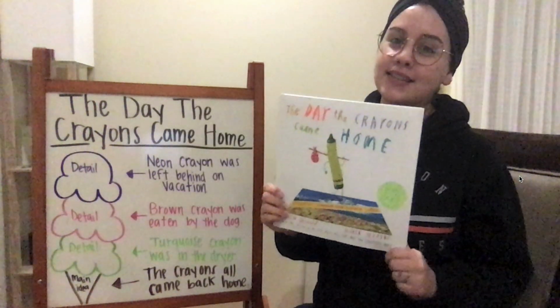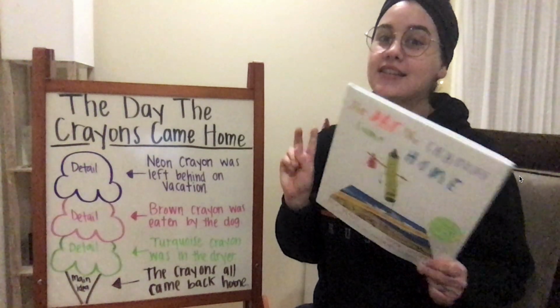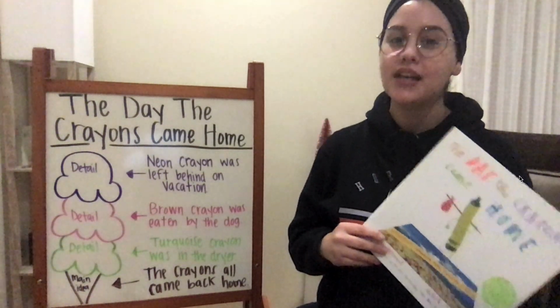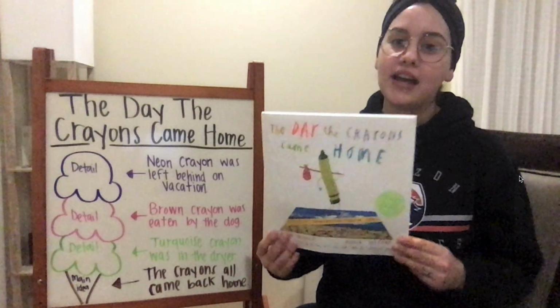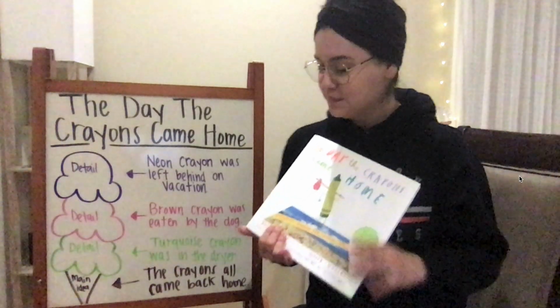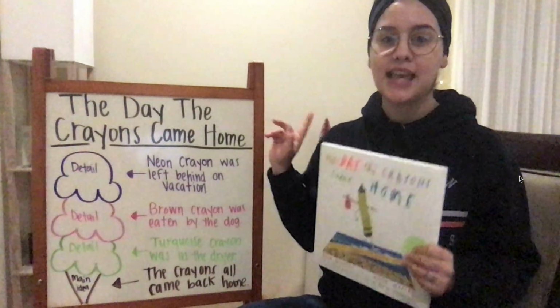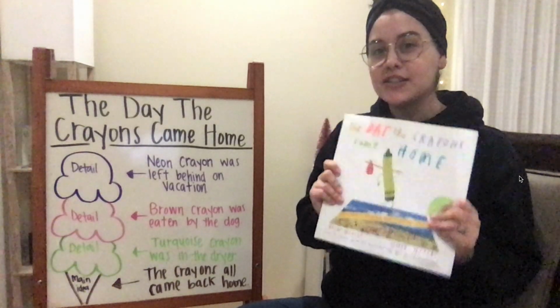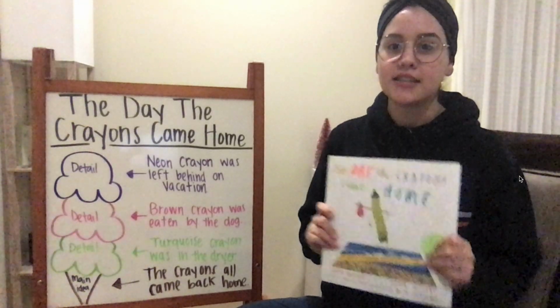The Day the Crayons Came Home. And we know that this is the second part to the series. We know that there's a book called The Day the Crayons Quit, and then we have The Day the Crayons Came Home. I like this book because I like when they're all reunited again. So we have The Day the Crayons Came Home, and let's talk about the main idea and 3 details in this book, The Day the Crayons Came Home.